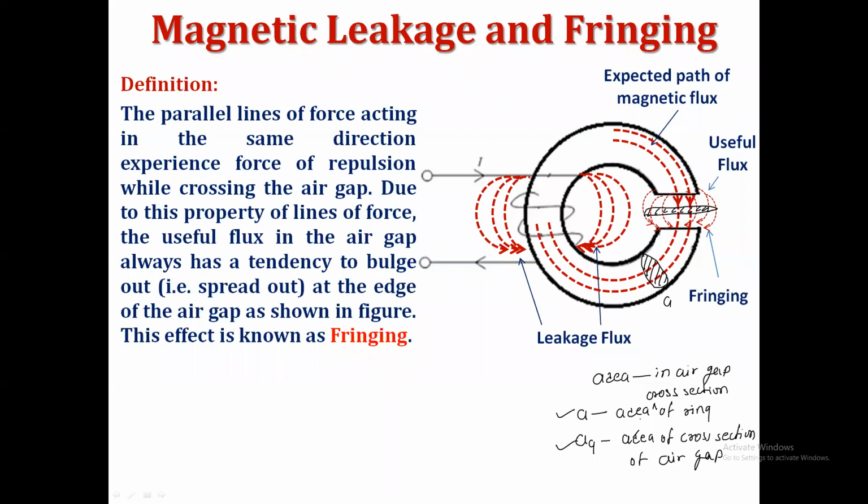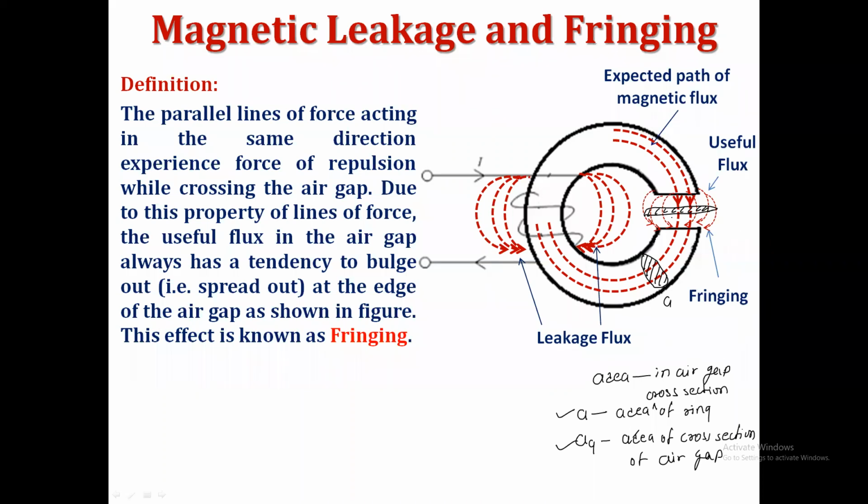This is not the area of the ring, it's the area of cross section. This is the area I have shown in the diagram. Please concentrate here. Suppose this A is the area of cross section of the ring, the area of cross section to the flow of magnetic flux.